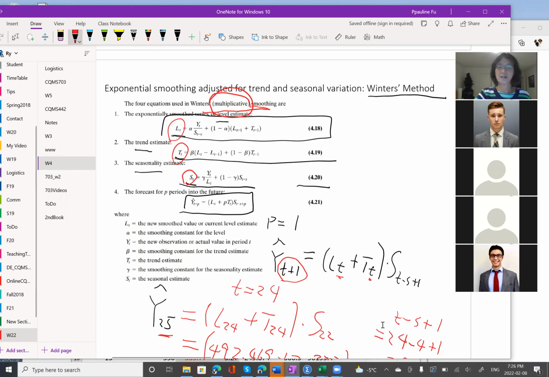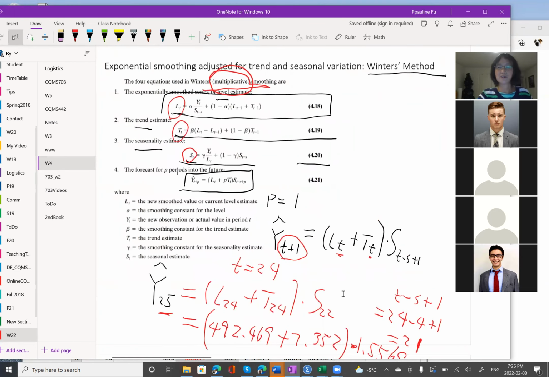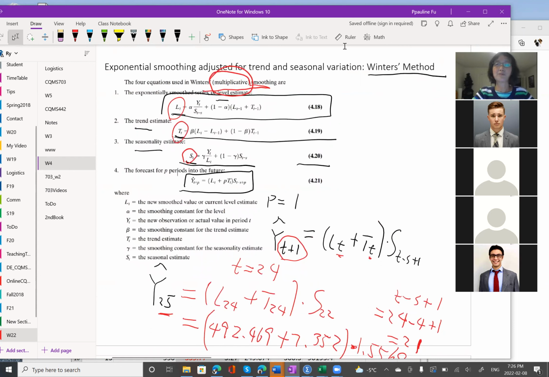All right. Shall we take a break? After break, we'll continue to do the smoothing, moving average, exponential smoothing, and Winter's method, but we are using Excel. Okay. All right, so take a break.